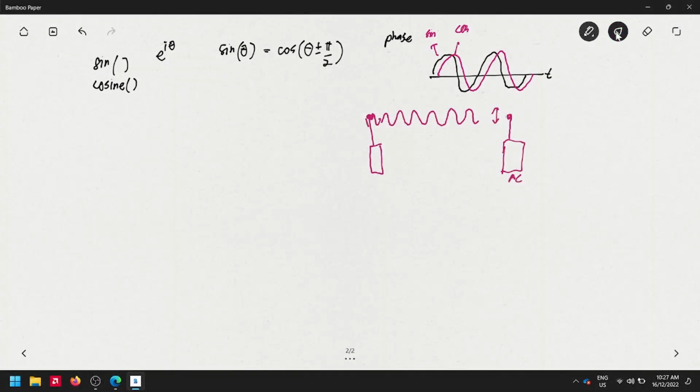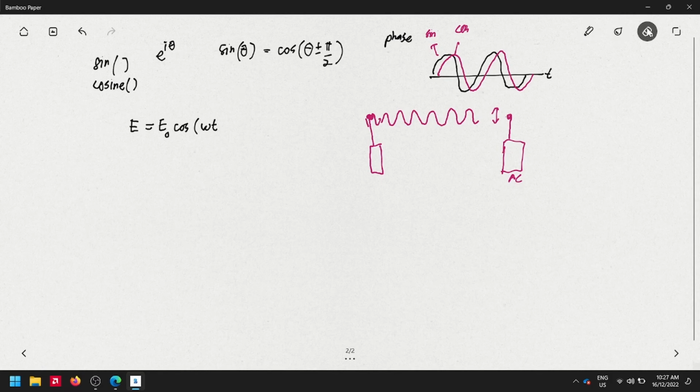For optics, we are using the EM wave to represent the light. Okay, so the electric field is given by E naught cosine of kx plus minus omega t.